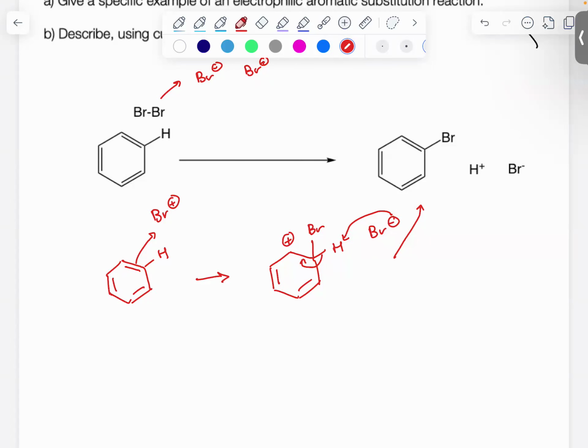The positive is just on this carbon. When we took away that double bond, we took away an electron from that carbon.